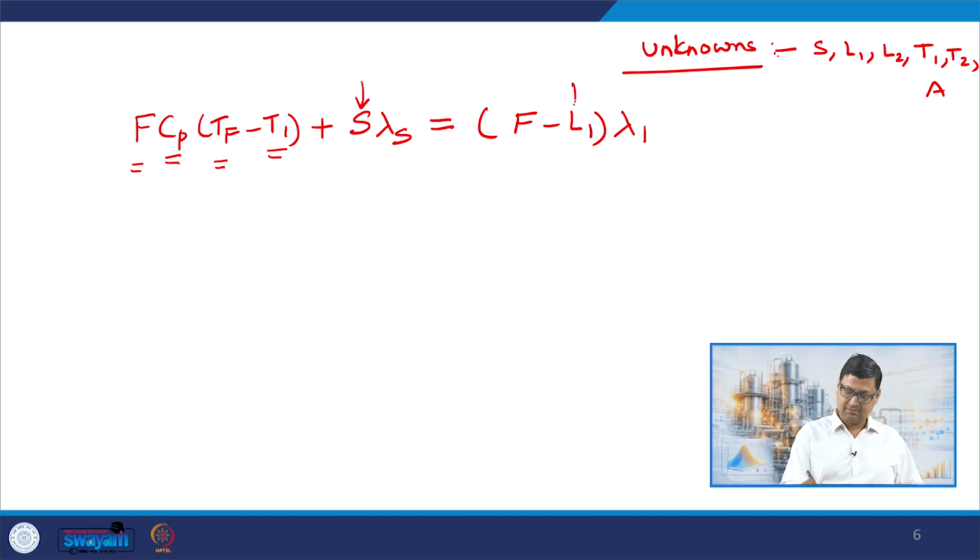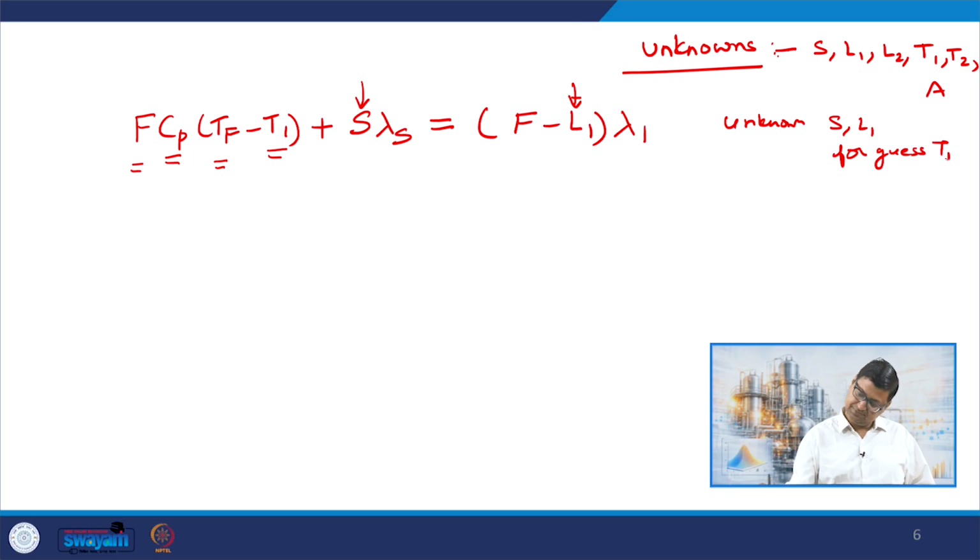And my L1, right? So S and L1 are only the unknowns here. Lambda 1 is defined at T1, but T1 I have guessed. So provided we are going with the guess values, the only two unknowns in this equation are S and L1, right? So the unknowns here now are S, L1 for guess T1, T2.